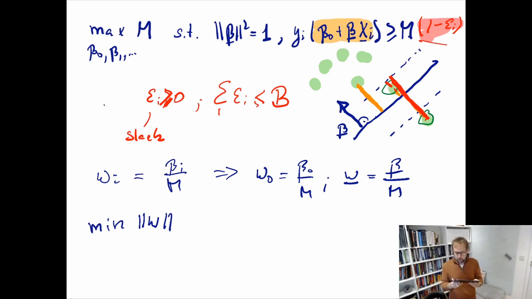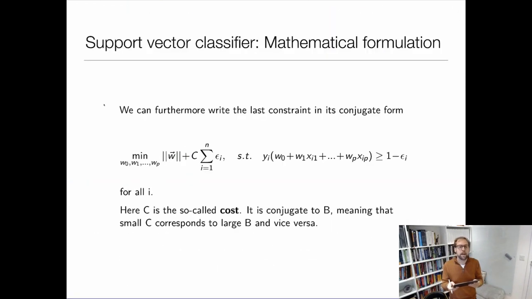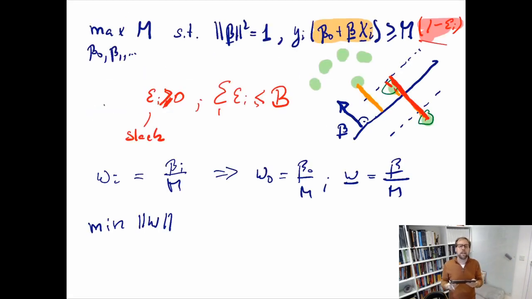It's effectively equivalent to minimizing the length of omega. So this is this term here, and we already see where this bit comes from. And now I can rewrite the constraint. Beta disappeared now, so there's no constraint on beta anymore, because now I'm talking about omega, and omega doesn't have to be of length 1. It can be of any length, and I'm actually interested in the length of omega.